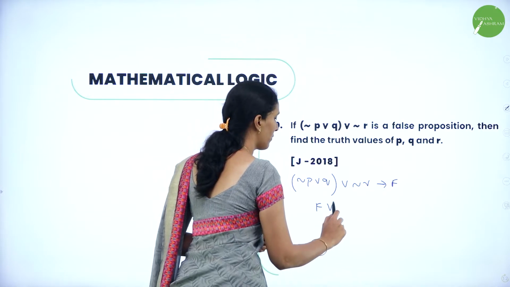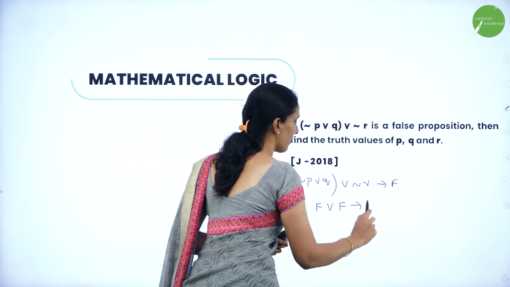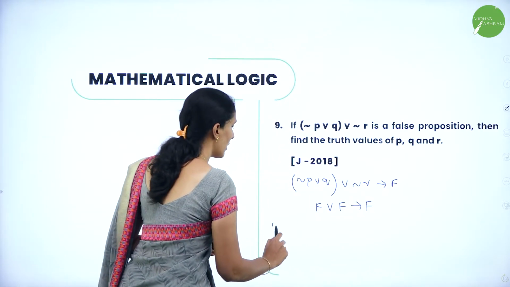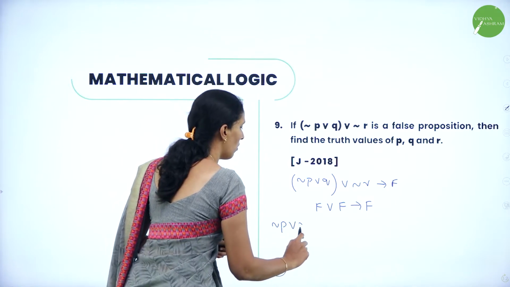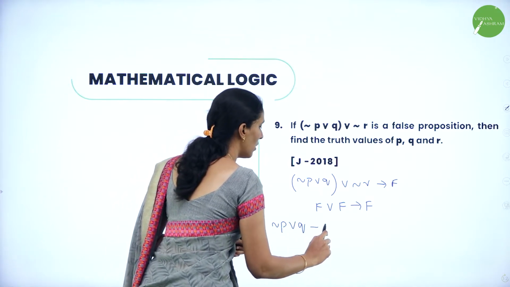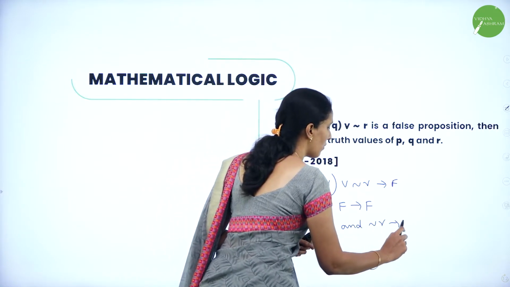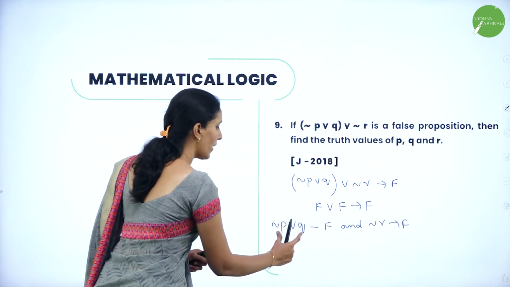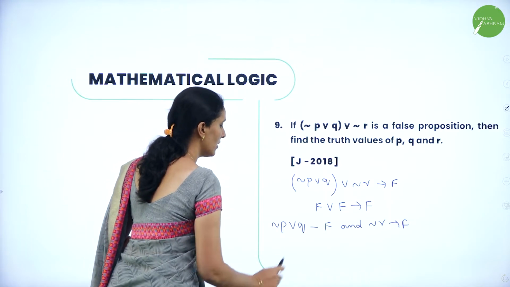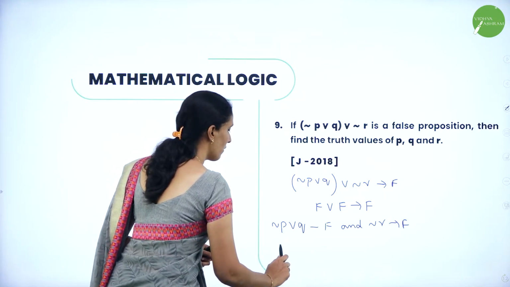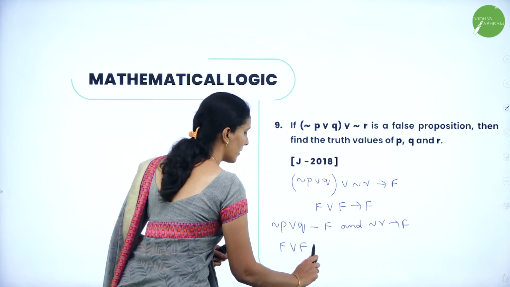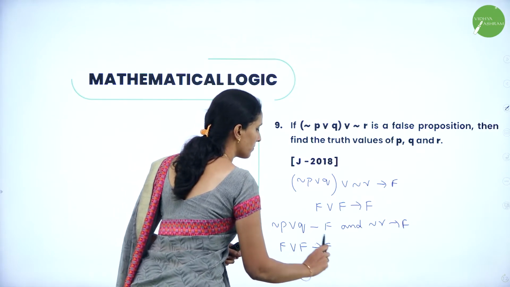So here F implies F. So this implies what? Negation P or Q is false and negation R is false. Again, this statement becomes false when both are false. This is equal to false.